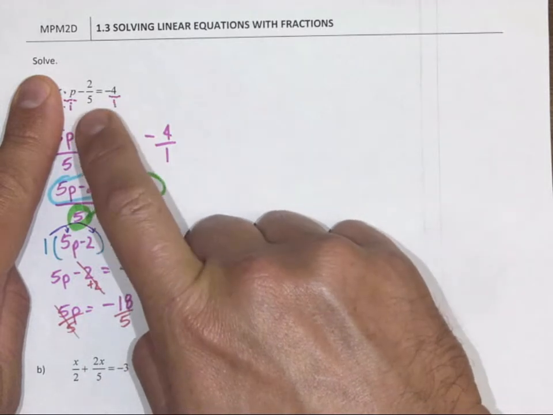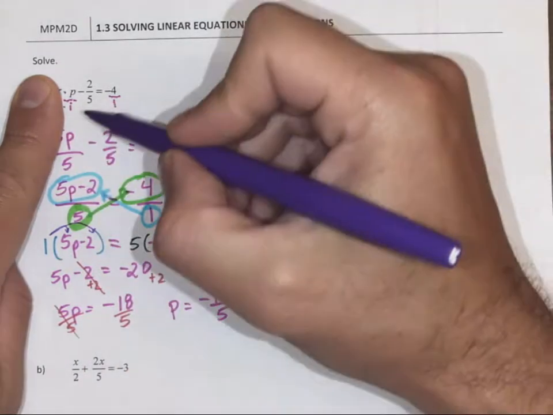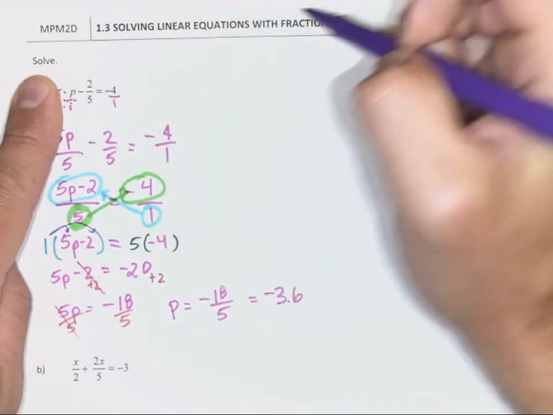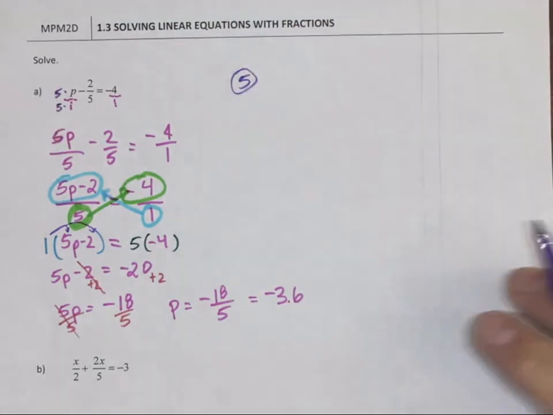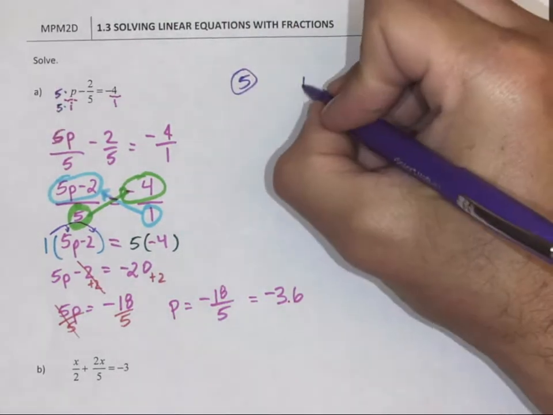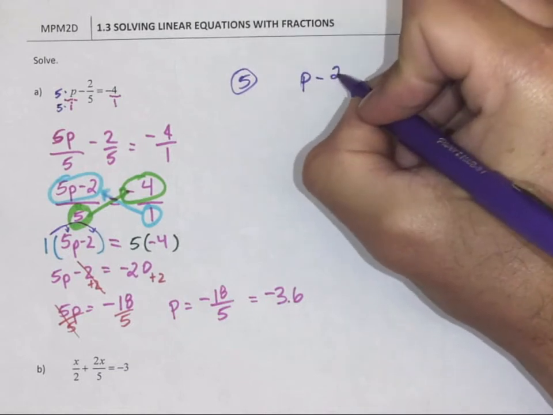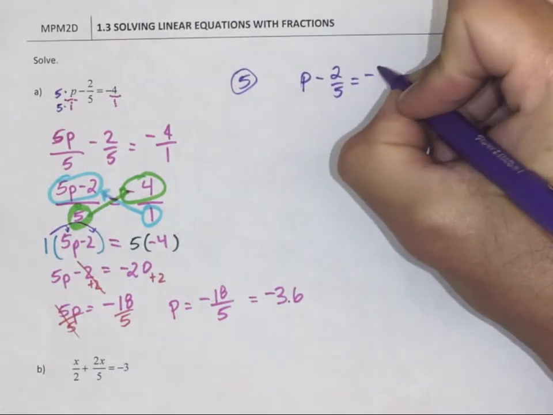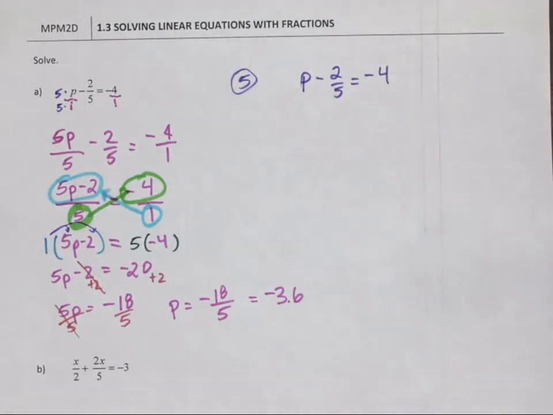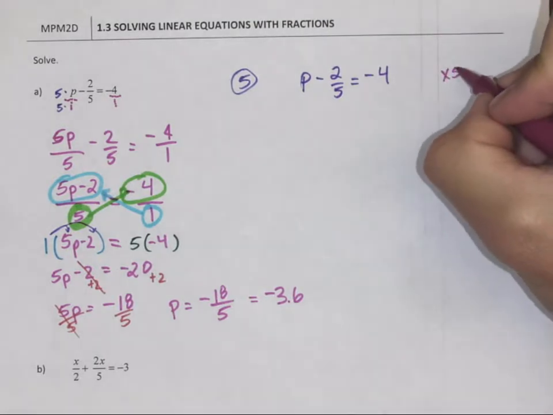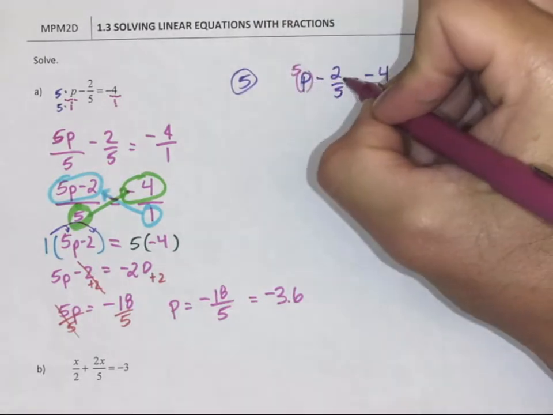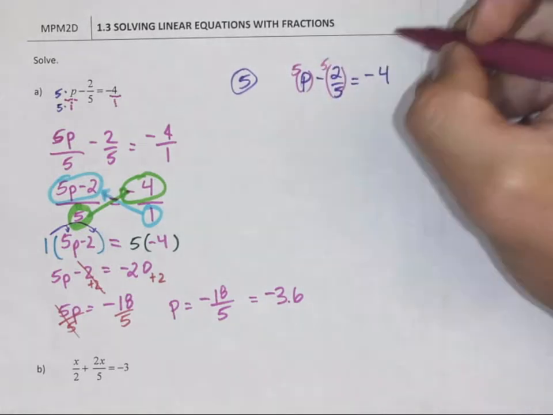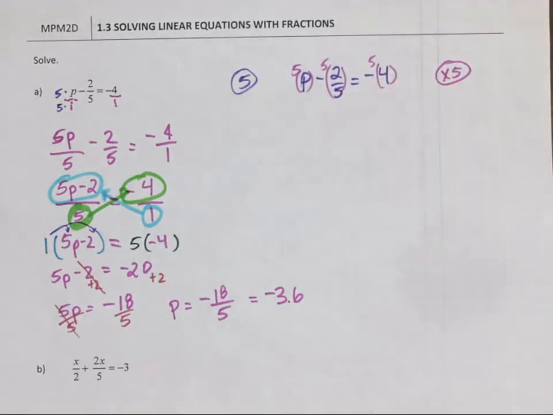We need a common denominator, a number that 1 and 5 and 1 all go into, and that number is 5. So if I take that question, I'm going to just rewrite it. What I'm going to do is multiply the entire equation by 5. That means that times 5, that times 5, and that times 5.